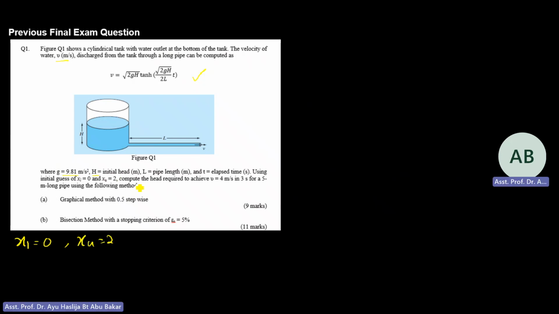It asks you to compute the head required to achieve V equals 4 in 3 seconds for a 5-meter long pipe using the following methods: graphical and bisection. We proceed with the graphical first. Now, this is the equation.